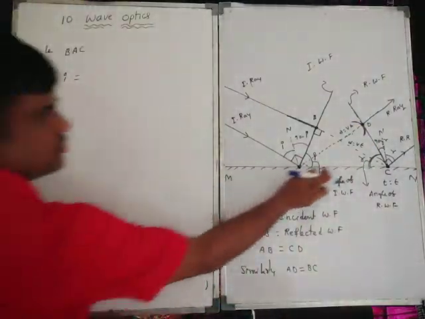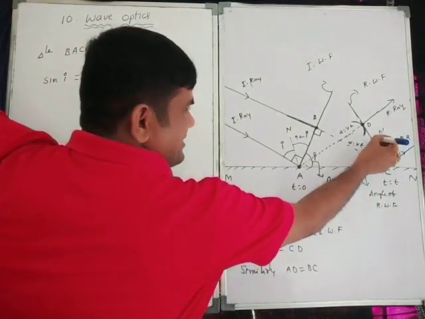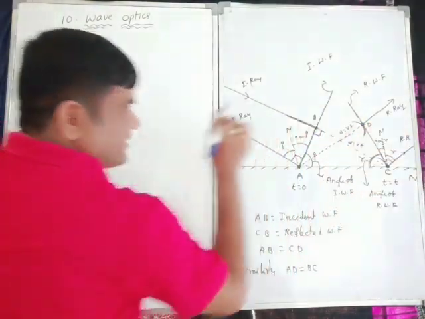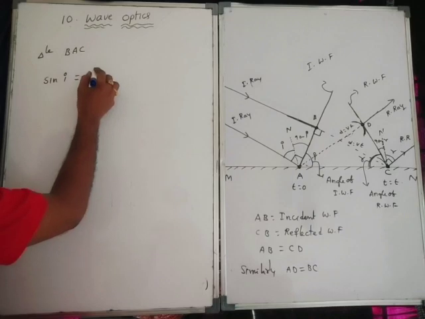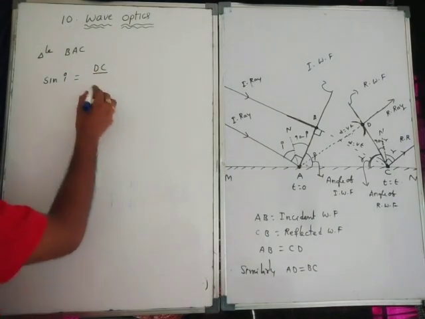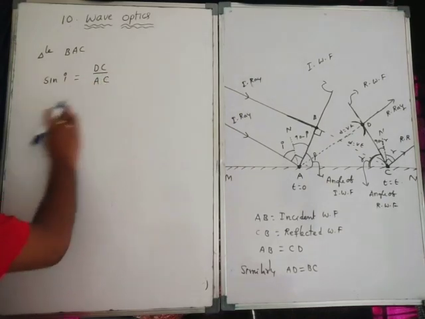So sin I is equal to this distance, DC, divided by the hypotenuse AC.